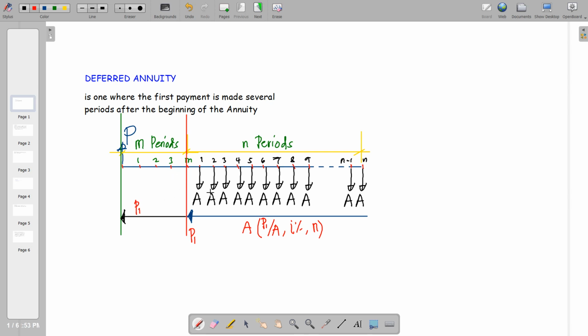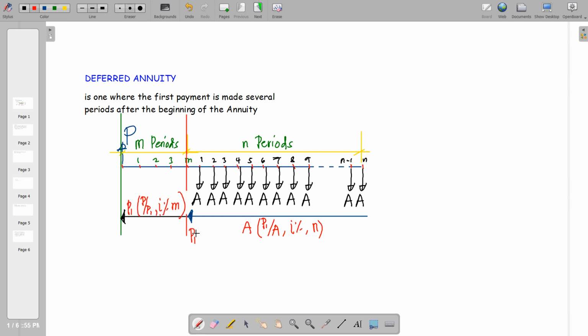Compound interest, because there is no annuity here, the M periods will have a compounding rate of interest. So we have the future to be brought to the present, so we have finding the present given the future at i% at M periods.